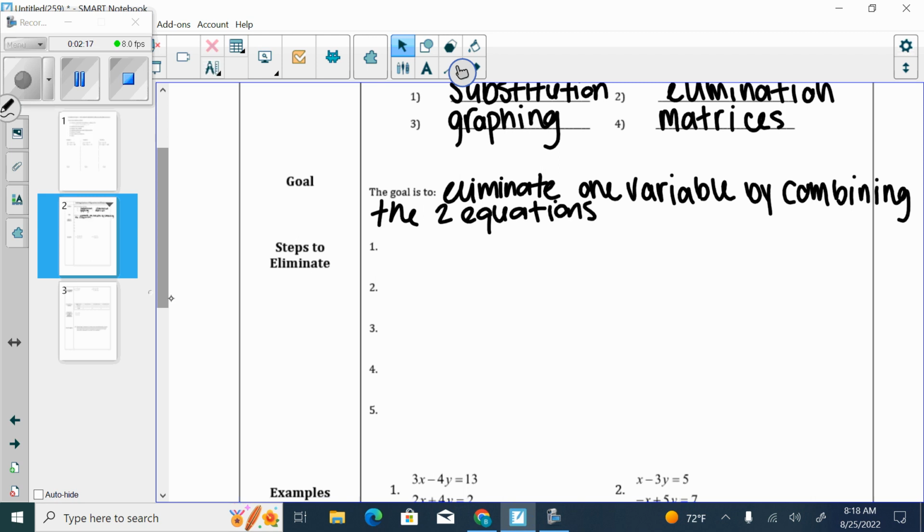And then just like yesterday, we want to have the steps in order to solve by elimination, so we're going to fill those in ourselves here today.